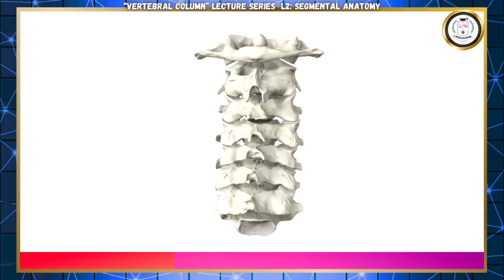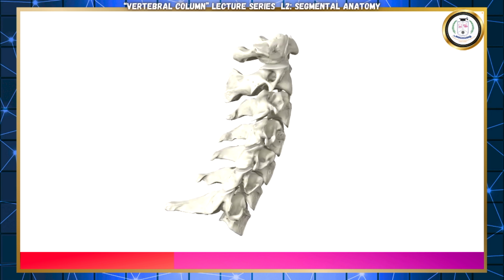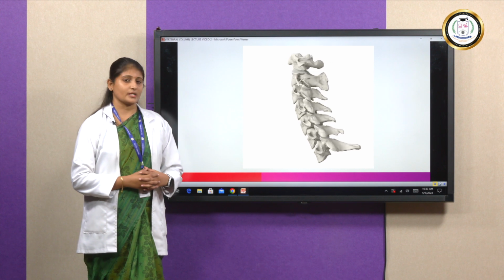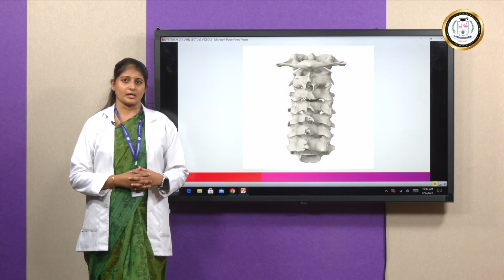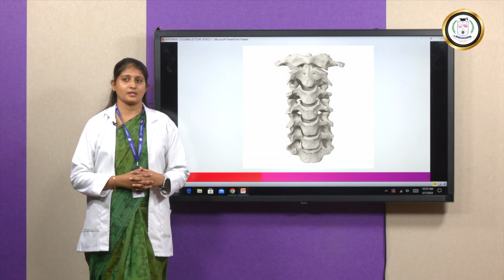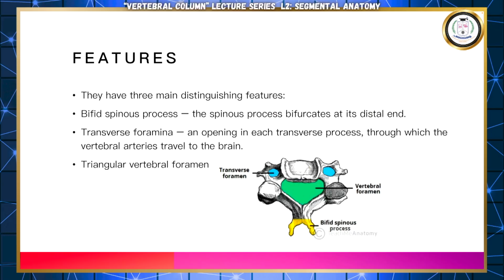The first 2 cervical vertebrae are different in size and shape. So the first 2 vertebrae are atypical vertebrae and the remaining are typical. The last one, the 7th cervical, is also an atypical vertebra. The features of cervical vertebra include 3 distinguishing features.